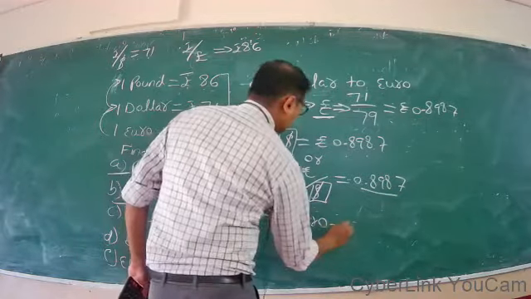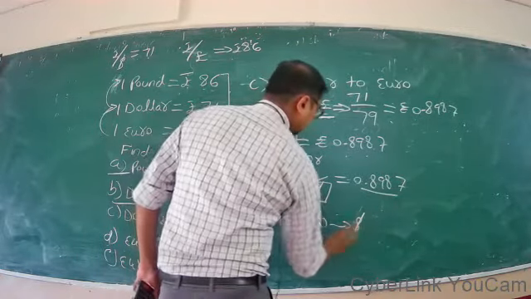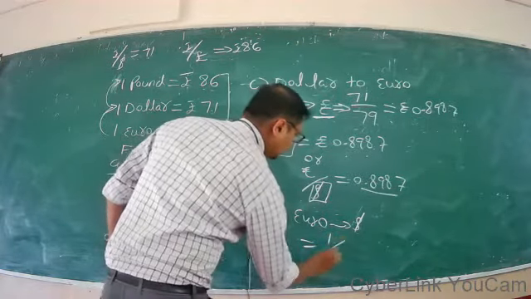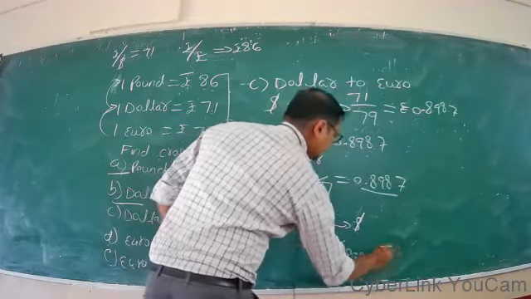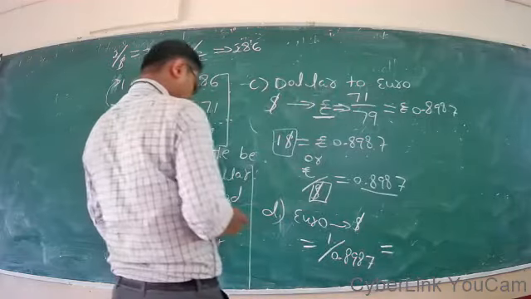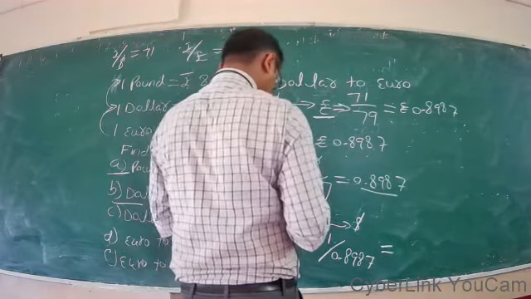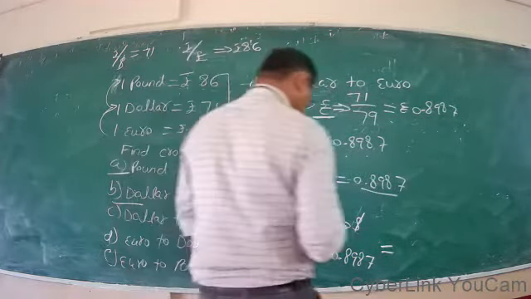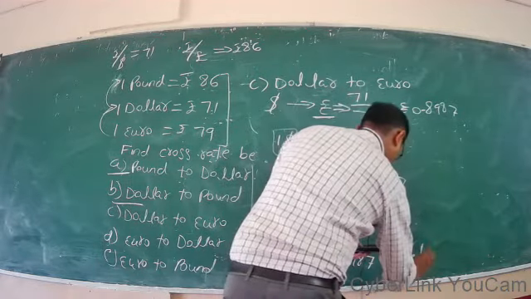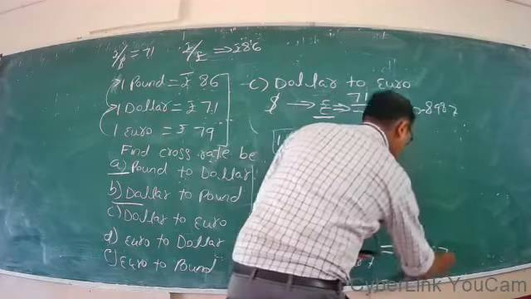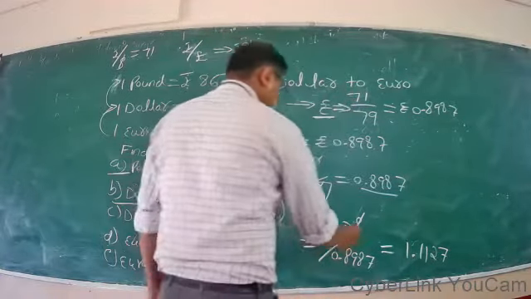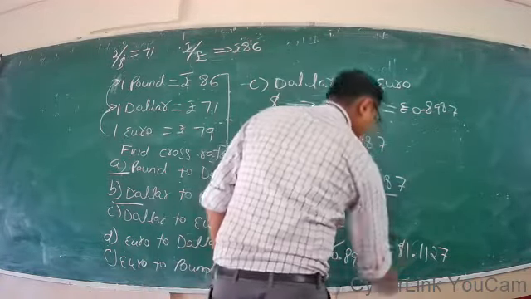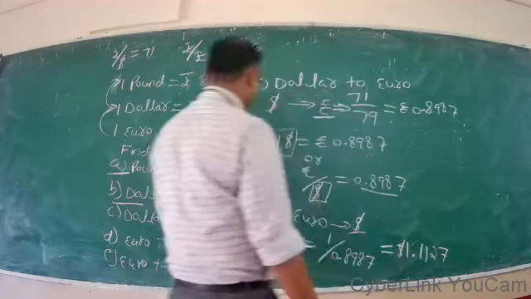Now euro to dollar is equal to 1 divided by 0.8987, which is equal to 1.1127. So the currency symbol will be the second symbol, that is dollar, right?